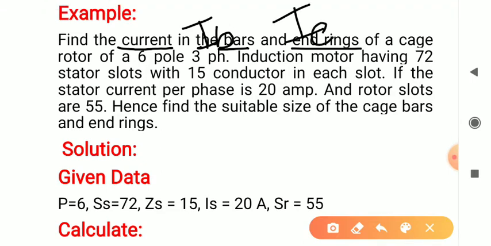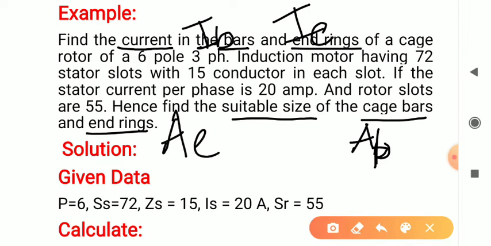Along with this, we need to find the size of cage bars, that is bar size AB, and size of the end ring, that is AE.